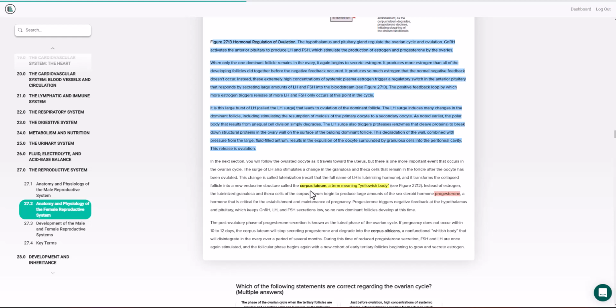Once it has used up all that cholesterol, all that fat is gone, and cholesterol kind of has a yellow color to it. That's all gone. Then it degrades to become the corpus albicans, which is a white body which has no function other than basically what I call a scar tissue, evidence of a previous follicular and ovulation event.